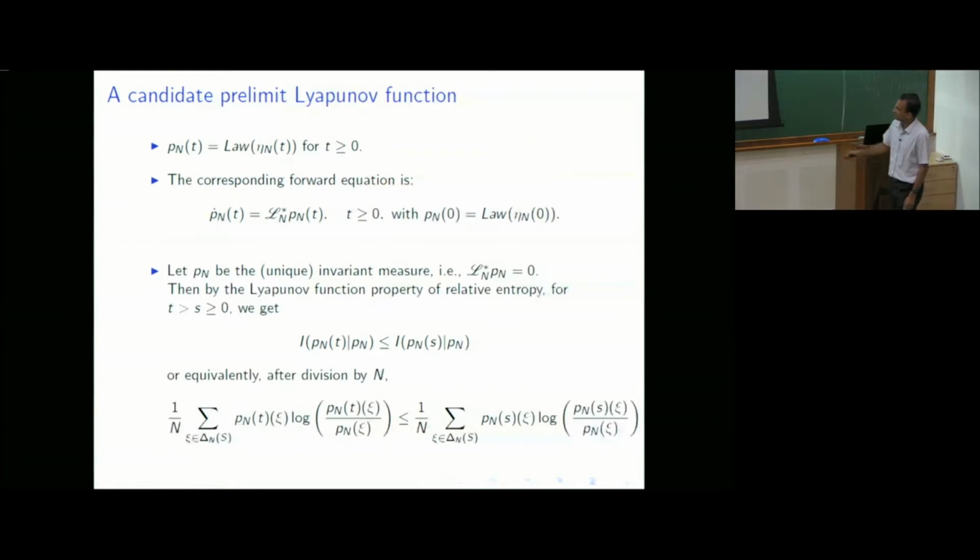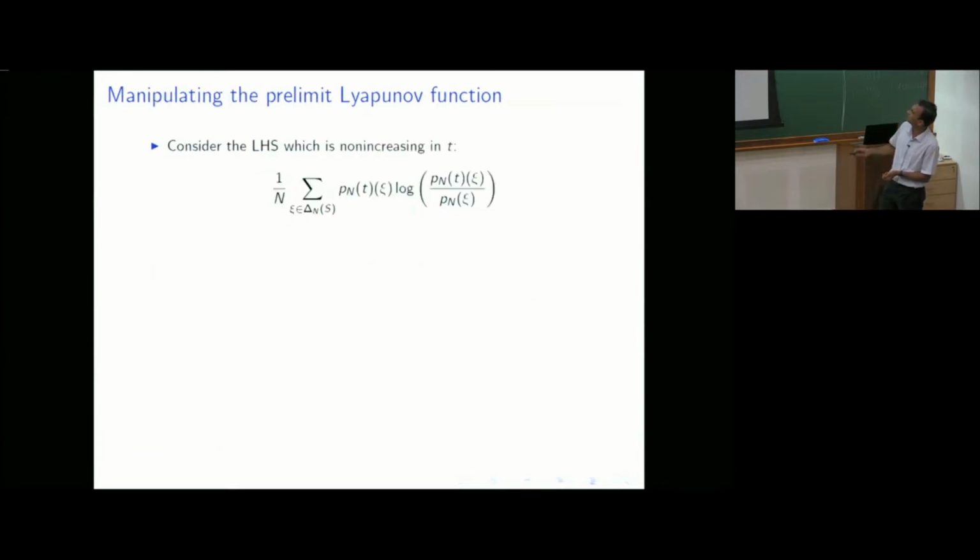Okay, one can expand this, and this is what we will get: 1 over n, since I'm also normalizing by n. The expression for relative entropy is the expectation with respect to the first measure of the logarithm of the likelihood ratio. This is a decreasing function in time, and so I've just written down the left hand side here: 1 over n, expectation of the logarithm of the likelihood ratio.